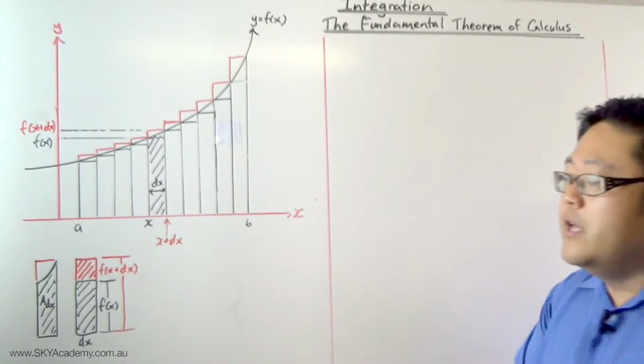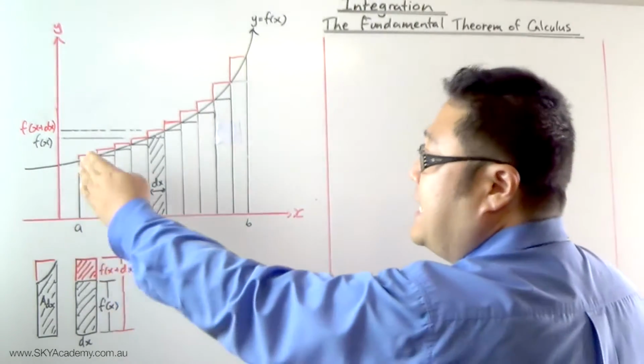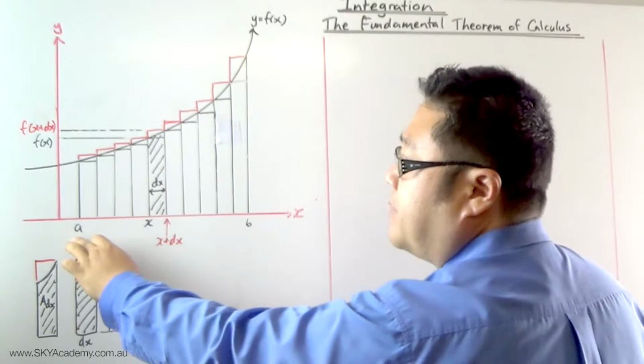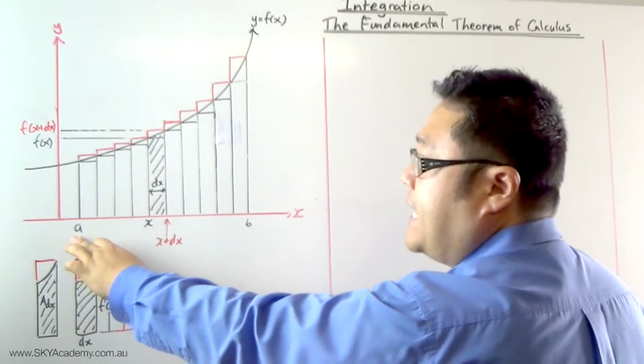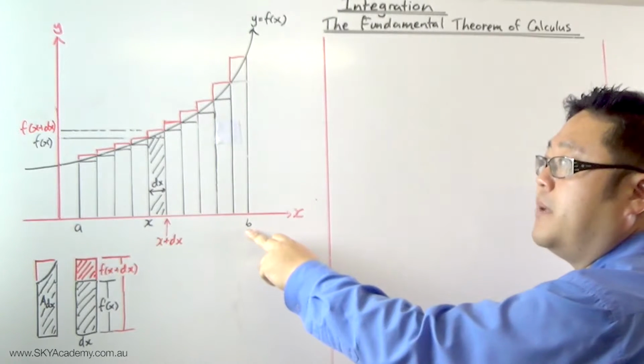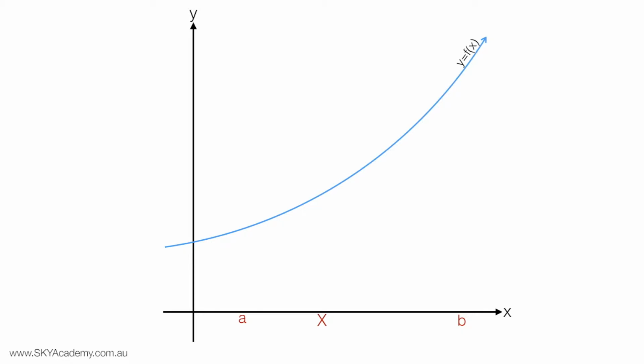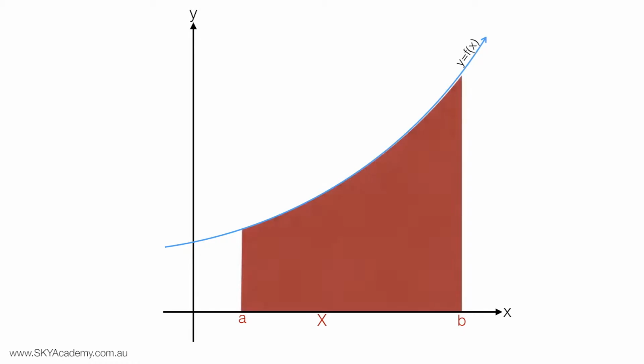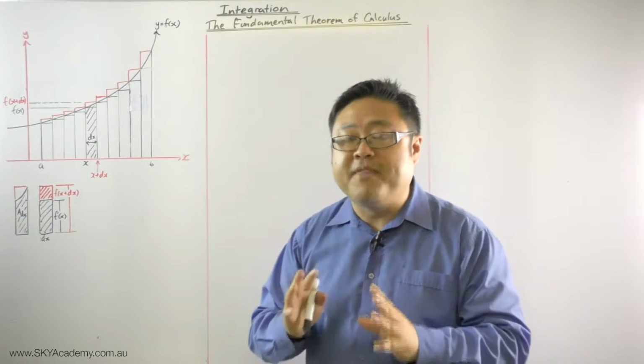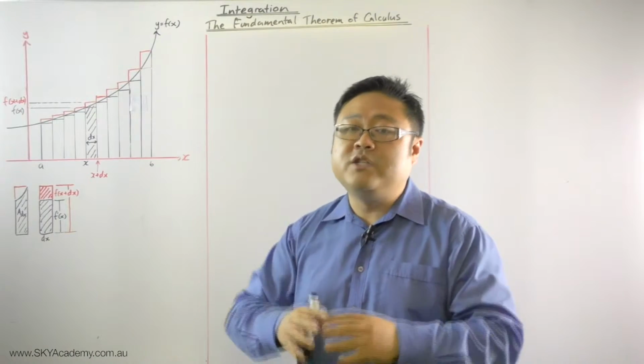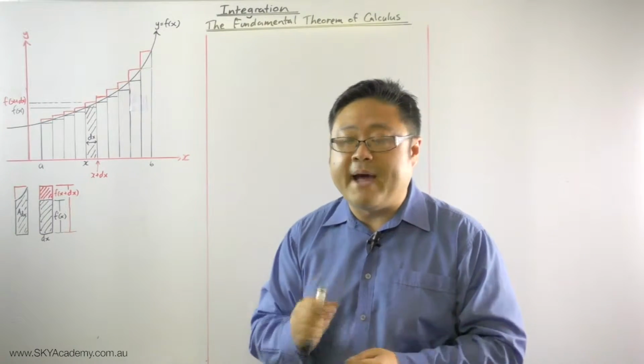What we're trying to do is find the area under the curve from, say, one set point A to another set point B, right? And how do we find the area under that particular curve? Well, there is a methodology behind it, which is really what integration is all about.